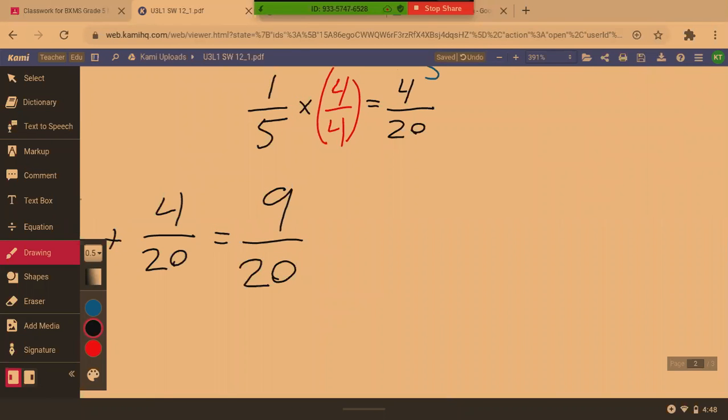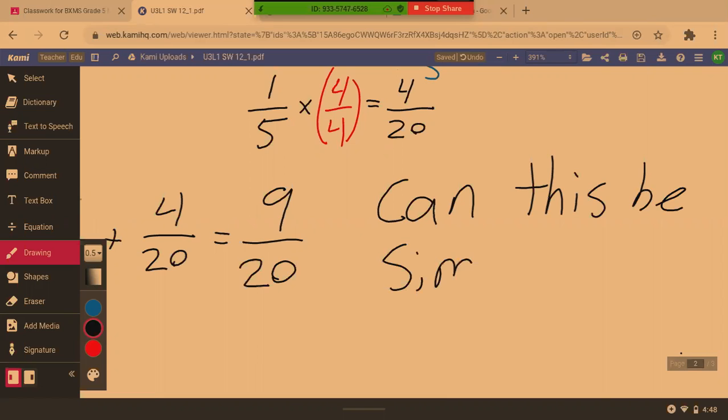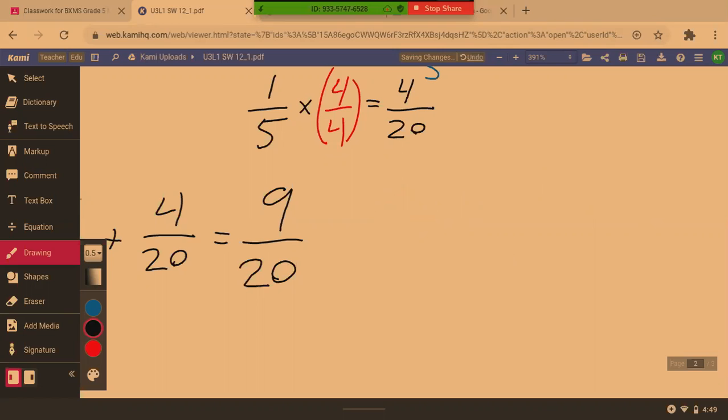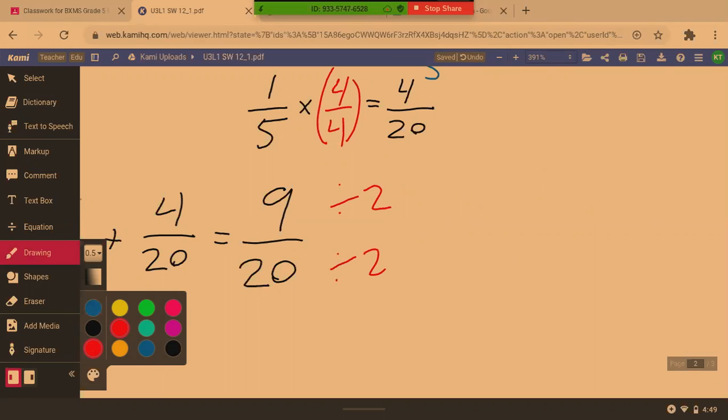But I'm asking myself, can this be simplified? So remember the basic way that I told you to check if something can be simplified.